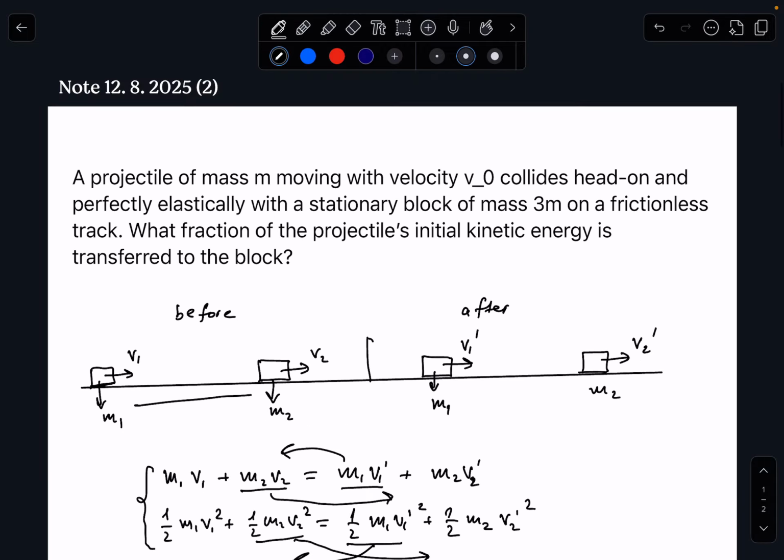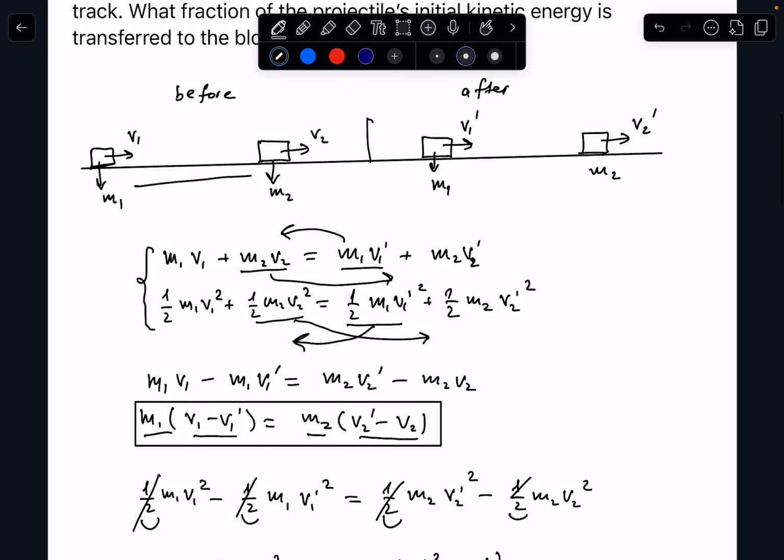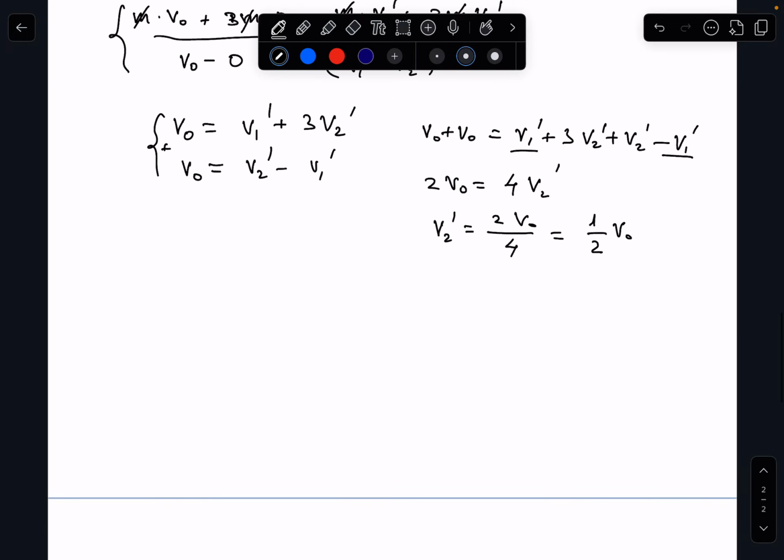And now we can find how many percent. Let's read the last part. What fraction of the projectile's initial kinetic energy is transferred to the block? First, we will find the initial kinetic energy of the projectile, m v0 squared over 2.